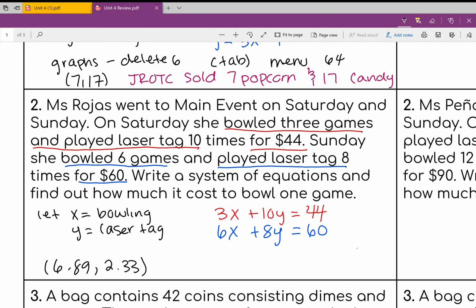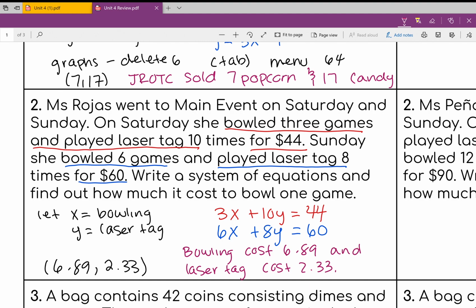So if we were to write a sentence, it would say that bowling, remember bowling is x, cost $6.89, and laser tag cost $2.33.